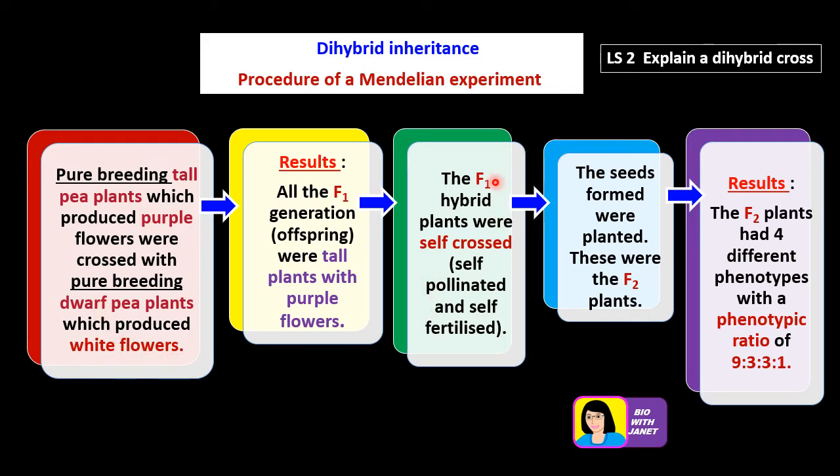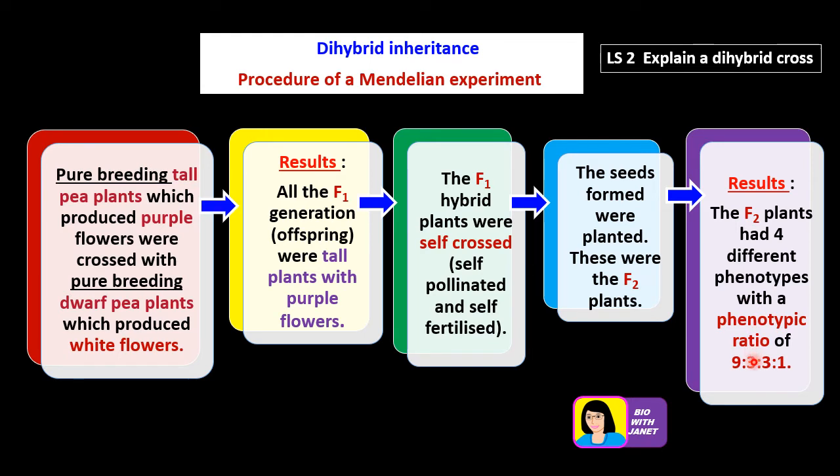After that, the F1 hybrid plants were self-crossed. They're heterozygous hybrid plants. That means self-pollinated, pollinated among themselves, and then self-fertilized. After the seeds were obtained, these were planted, and these are the F2 plants. After they mature, we find that the F2 plants had 4 different phenotypes, for example, tall plant with purple flower, then tall plant with white flower, and so forth.